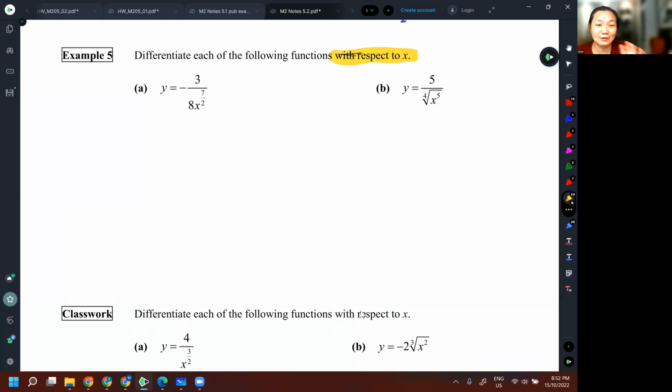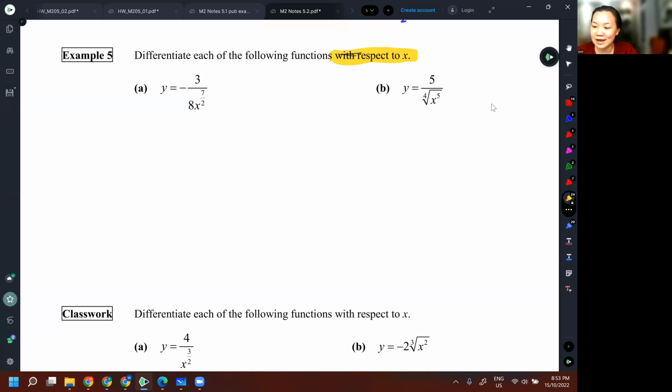Right now there is no problem because you don't have anything else. You can only differentiate with respect to x. Wait until you have another variable, then you will not see with respect to x anymore.